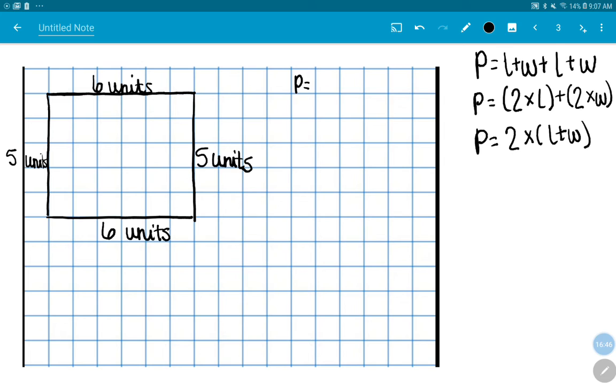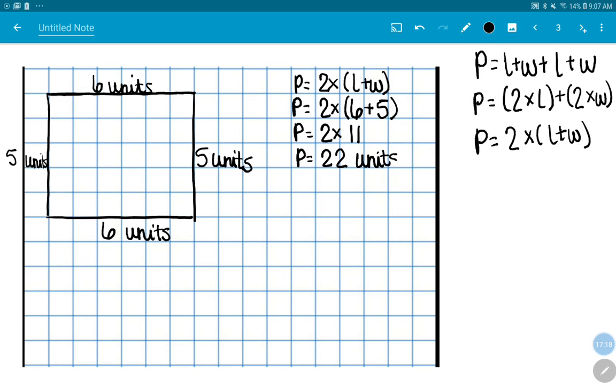So I'm just going to use that formula. I'm going to do 2 times the length plus width. So I'm multiplying 2 times my length of 6 plus the width is 5. I know that 6 plus 5 equals 11. So 2 times 11 is equal to 22 units.